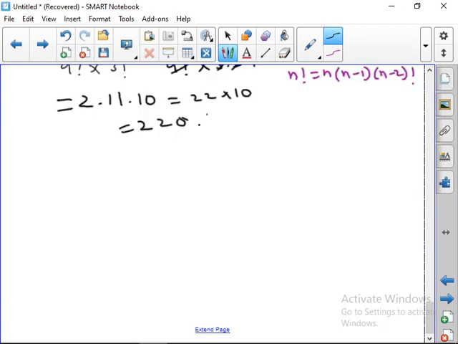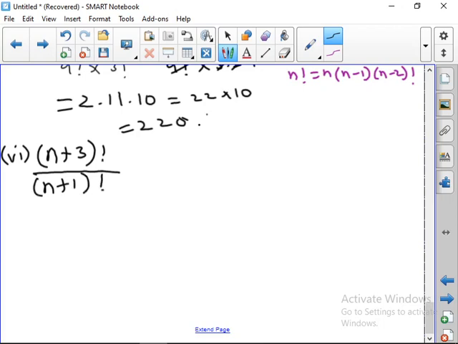So what about the 6th subdivision? Find the value of n plus 3 factorial divided by n plus 1 factorial.